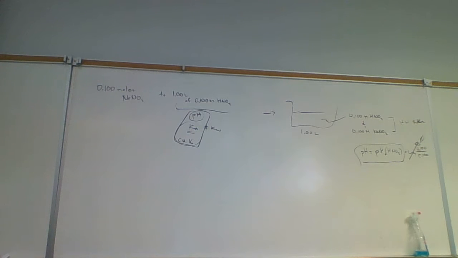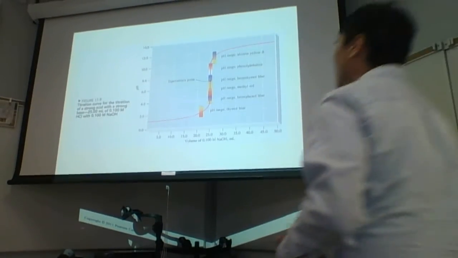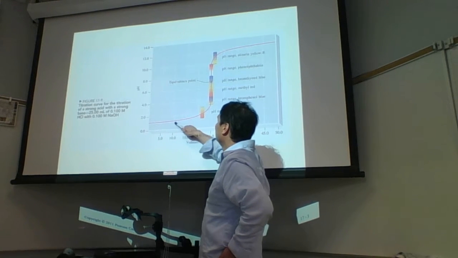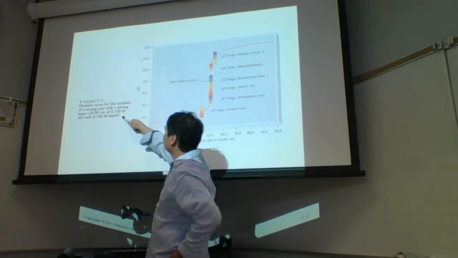So we're going to look at titrations. And so here is the titration curve. We're starting off with strong acid, pH is about 1, and we're neutralizing with a strong base, sodium hydroxide.